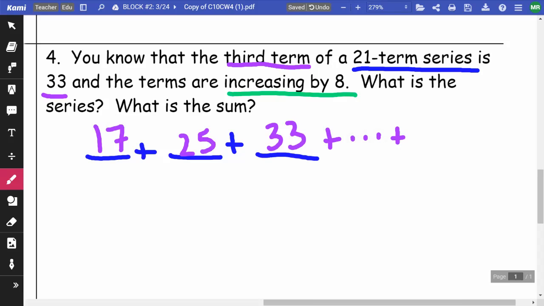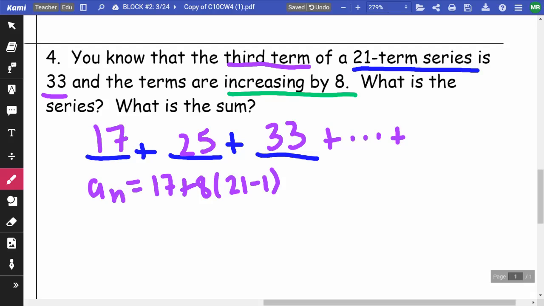plus, and we want to go up to the 21st term here. So I can do a sub n is equal to 17, because that's my first term, plus 8 times n minus 1. And so in this case, since it's n minus 1, it's 21 minus 1.